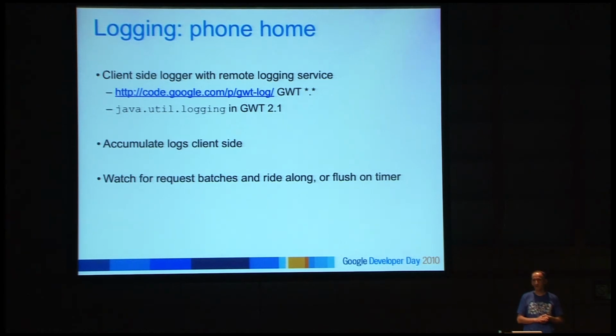So a good practice is to have a timer that maybe every 30 seconds fires, and when that timer fires, if you have any logging requests left on the client, then you ship them to the server by themselves. And you can play with the time. You can do more often, less often. It's a trade-off of how much data you can capture.